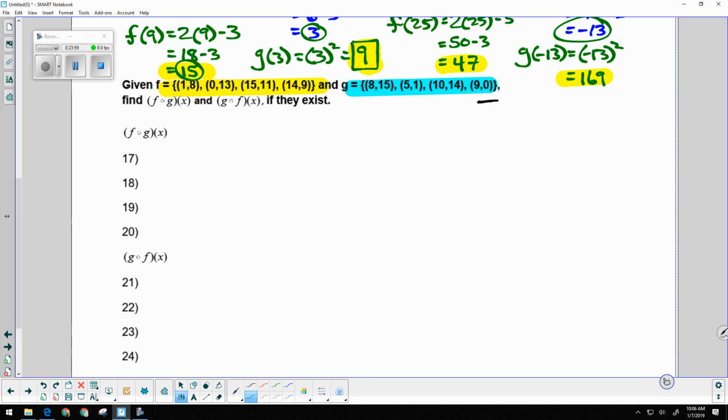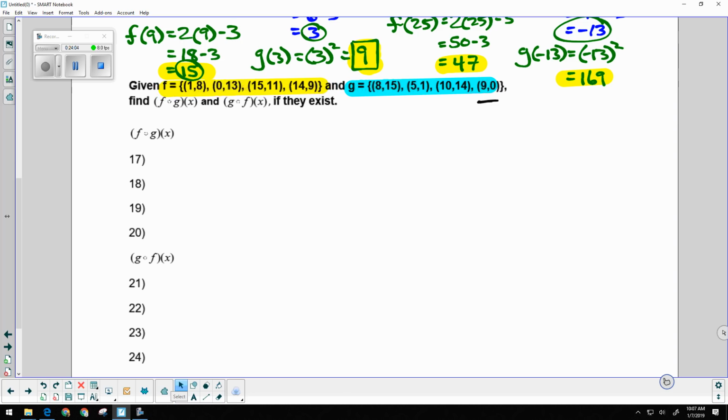Let's talk about this ordered pair right here. Now, this is the function g. Talk about the ordered pair 9, 0. So what you've got going on here is g of 9 equals 0. Your x-coordinate is 9. If you plug that into your function, you get 0, the y-coordinate.